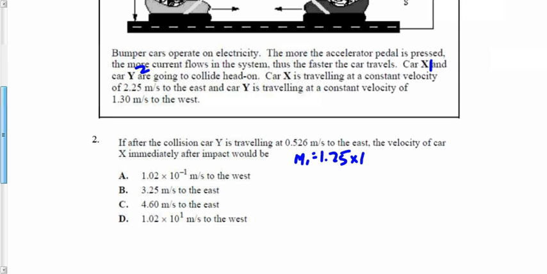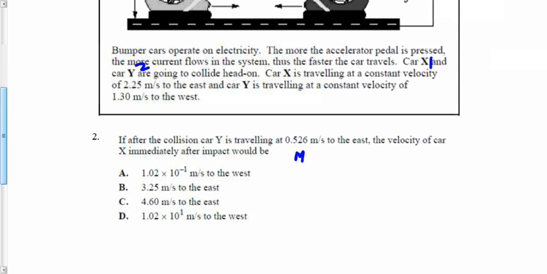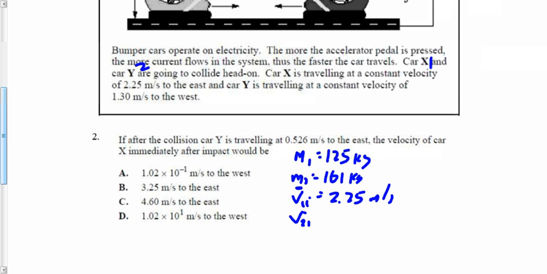Well, let's just make it 125. Let's make M2, the second car, 161 kilograms. Let's make V1I, car X is moving at 2.25. And let's make V2I negative 1.3 meters per second.